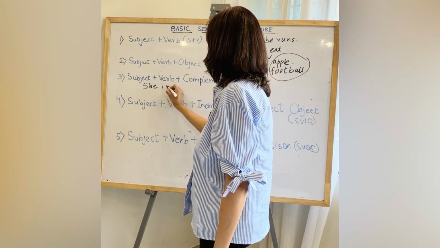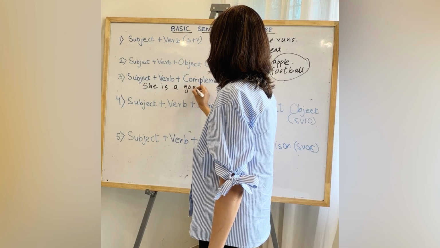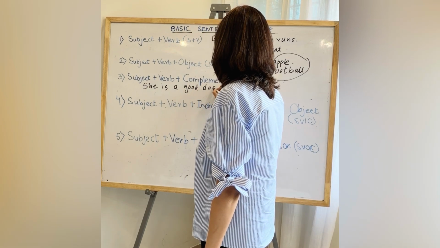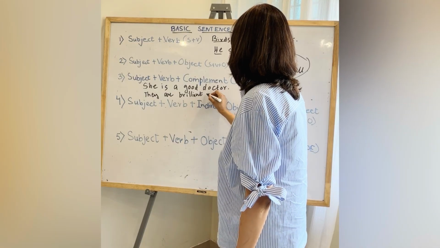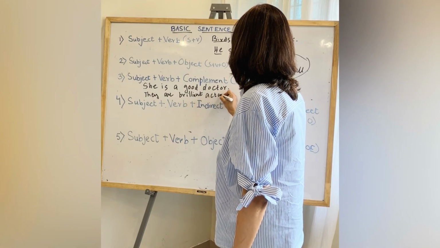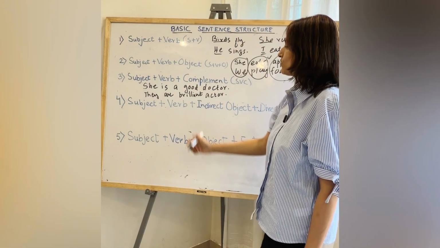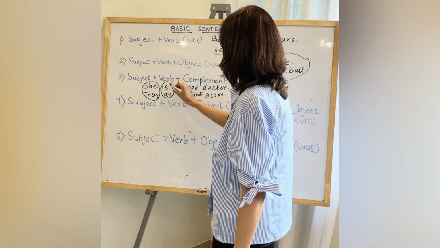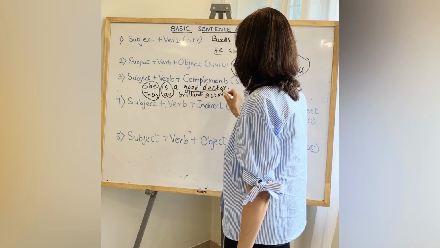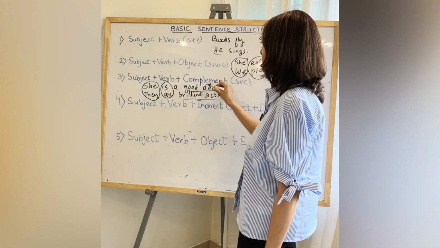She is a good doctor. They are brilliant actors. In these two sentences, she and they are subject, is and are verb, good doctor and brilliant actors are complements.